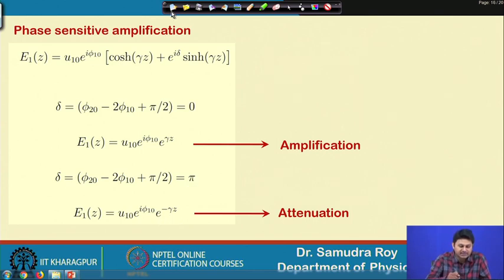So, we find one interesting thing here, that subharmonic can be generated and amplified if there is a phase relationship between E2 and E1, and this specific phase relationship basically allows the subharmonic to be generated. So, this is a phase sensitive kind of amplification. On the other hand, if the phase is such that it can destroy or make these things exponentially decay, then we will not get any kind of subharmonics.